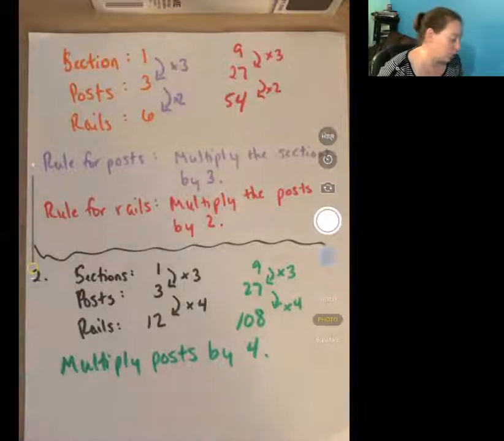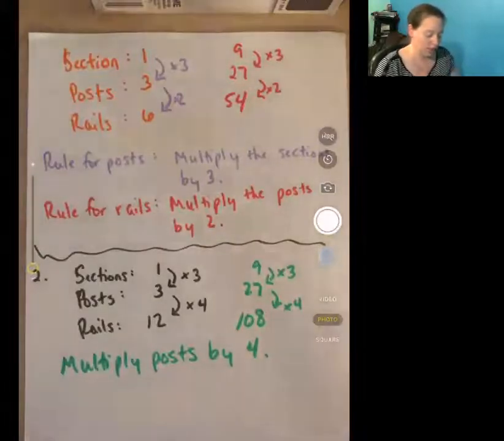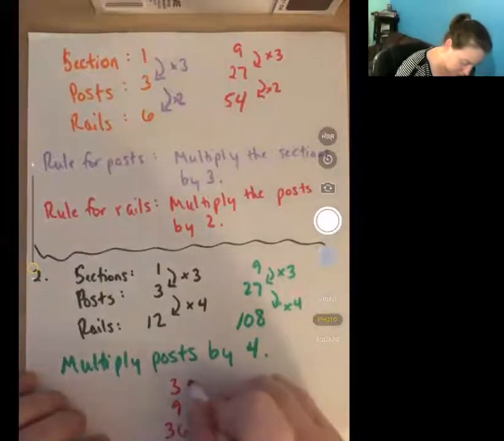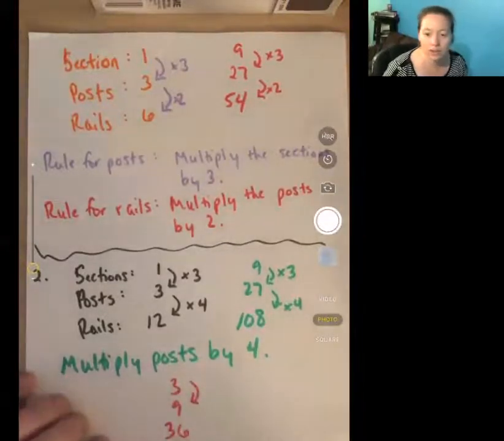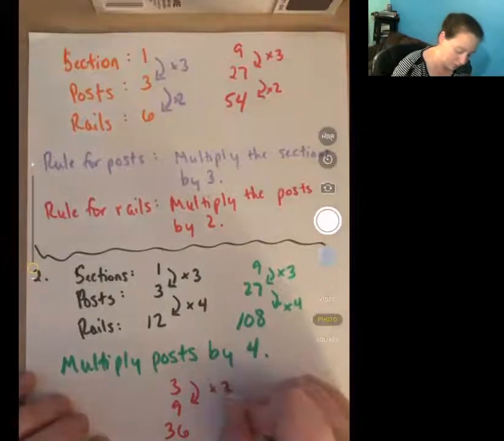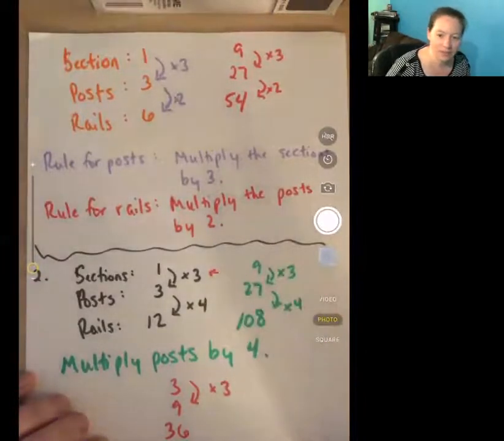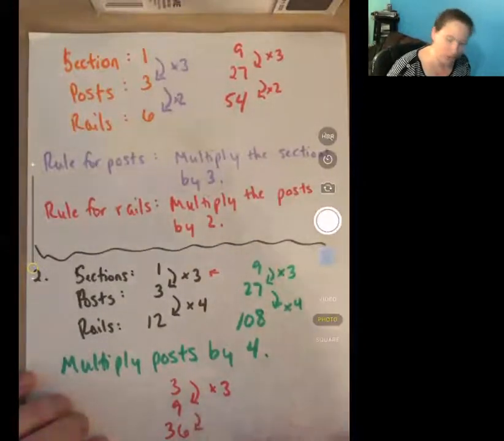But I could have gone to the 3, 9, 36 one. I'm looking at problem 2, and part of it says 3, 9, 36, and asked, well, what did they do to the 3 to make it a 9? They multiplied by 3, which is the same as there. See? What did they do to the 9 to make it a 36?